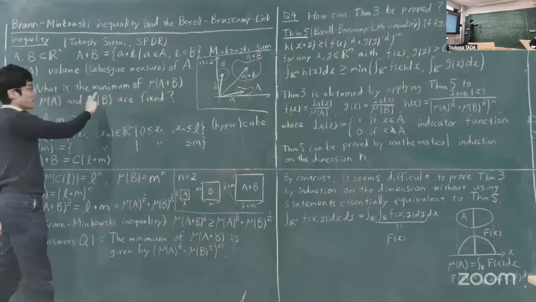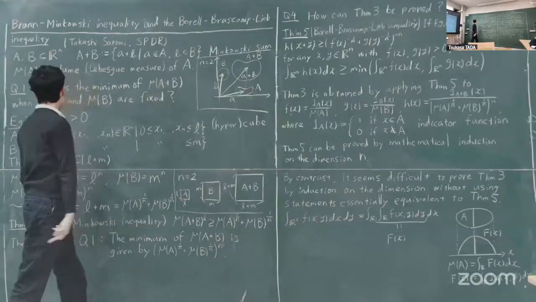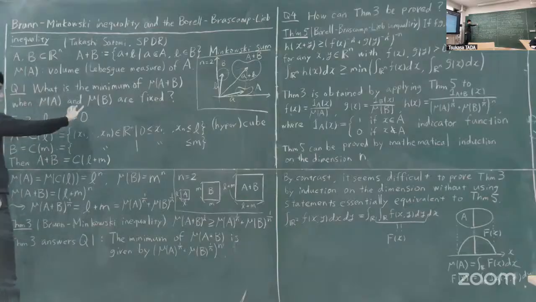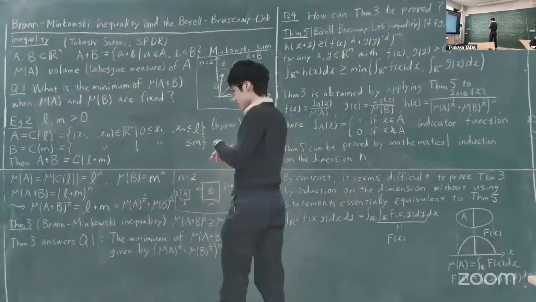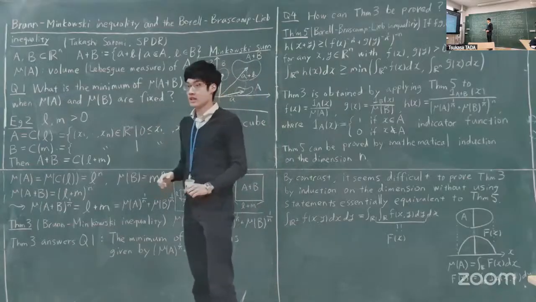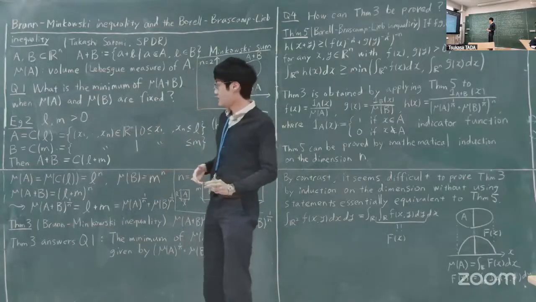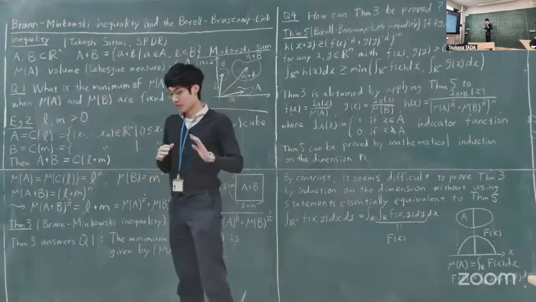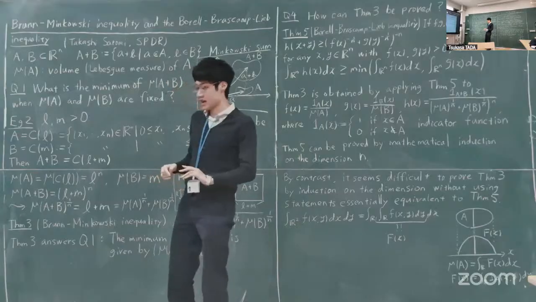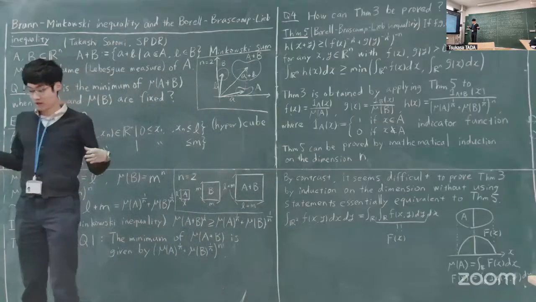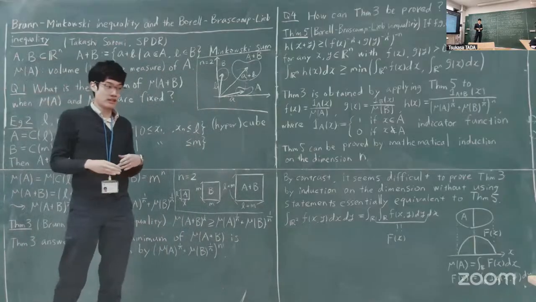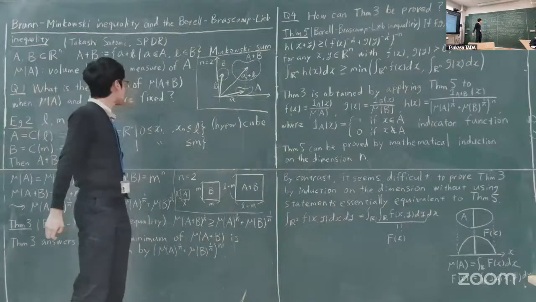What is the minimum of mu(A plus B) when mu(A) and mu(B) are fixed? The shapes of A and B may vary, but the volumes of them remain fixed. Then how small can the Minkowski sum be?